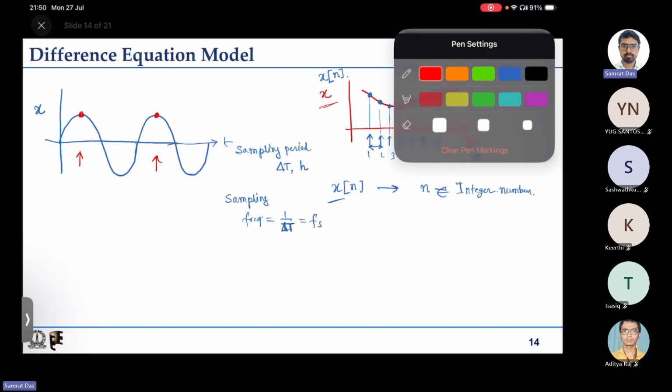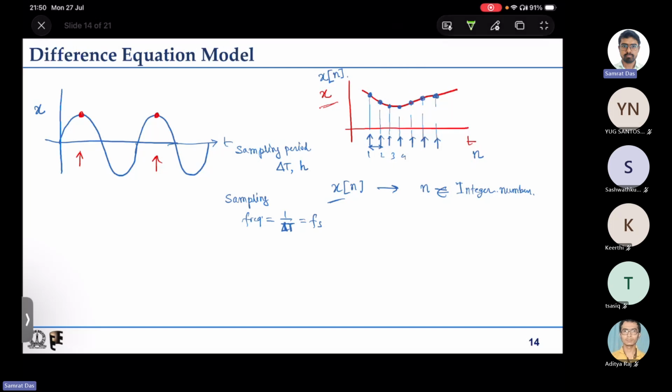So even if we sample at twice the frequency of the signal, say we sample here, then here, then here, and then there, which is twice the frequency of the previous case, the information about the signal which will be recorded is the green ones, right?